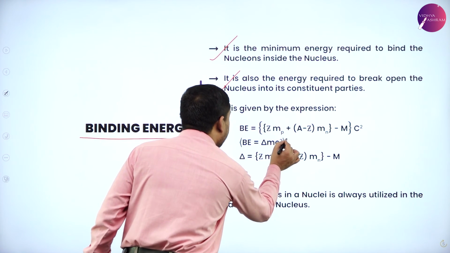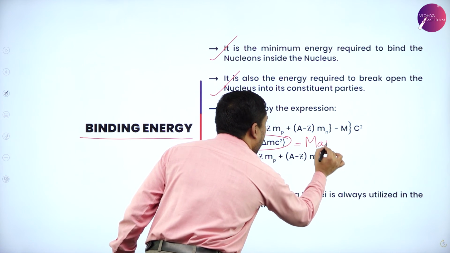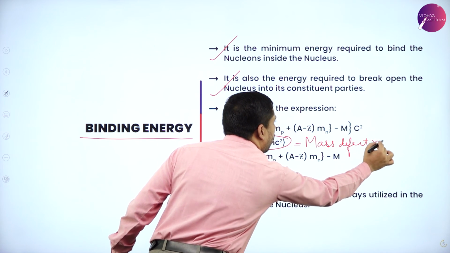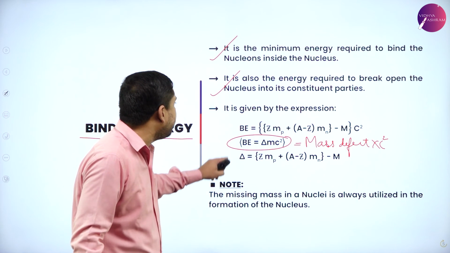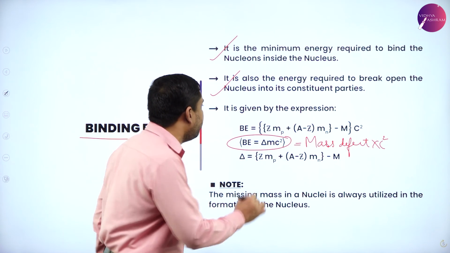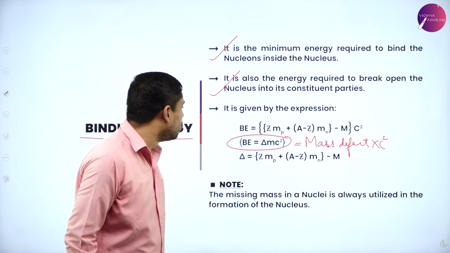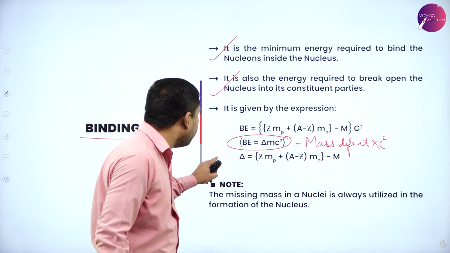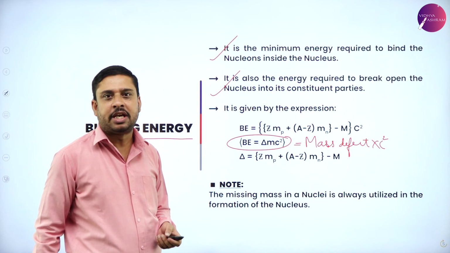Always remember, binding energy is the product of mass defect into c square. While doing calculations, it is very important to calculate binding energy, delta M into c square. Mass defect into c square. So this delta M into c square is called binding energy.